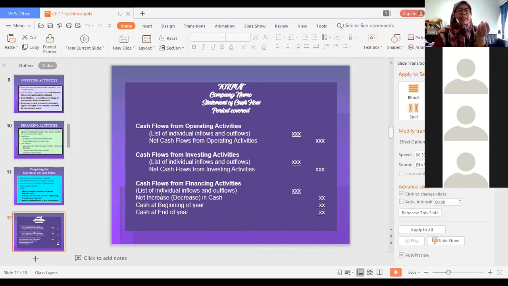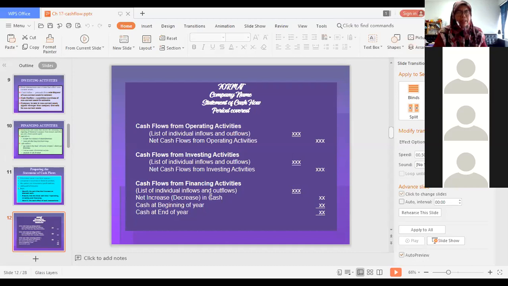When we apply for a loan and we were granted the loan, we receive money coming in to the business. So positive amount, not negative. But when you pay back the loan, money is going out from the business, then it should be a negative amount. And then redemption of debentures and so on.